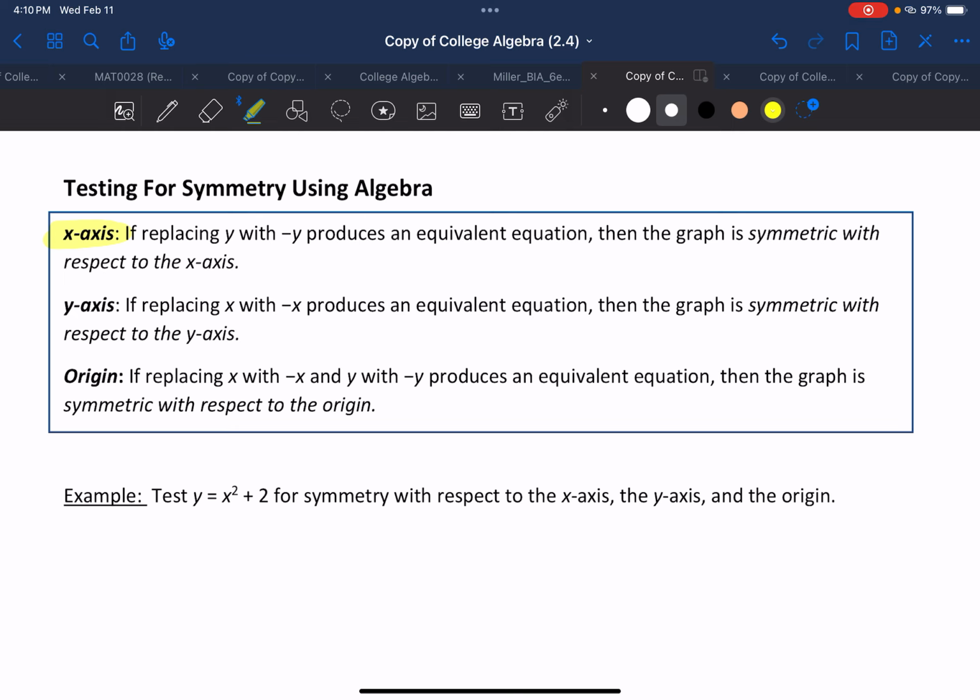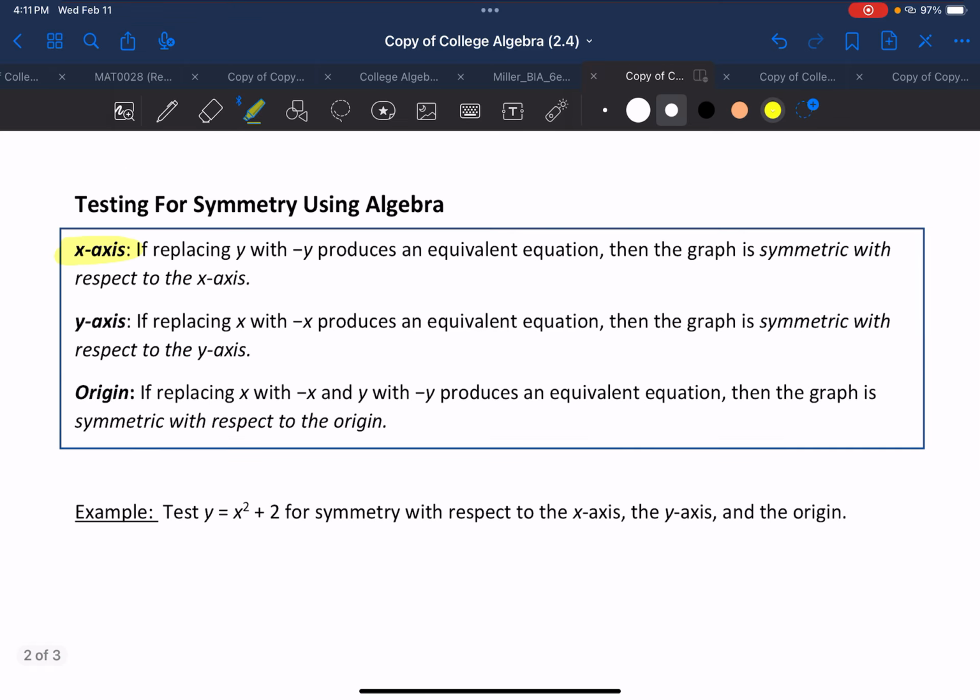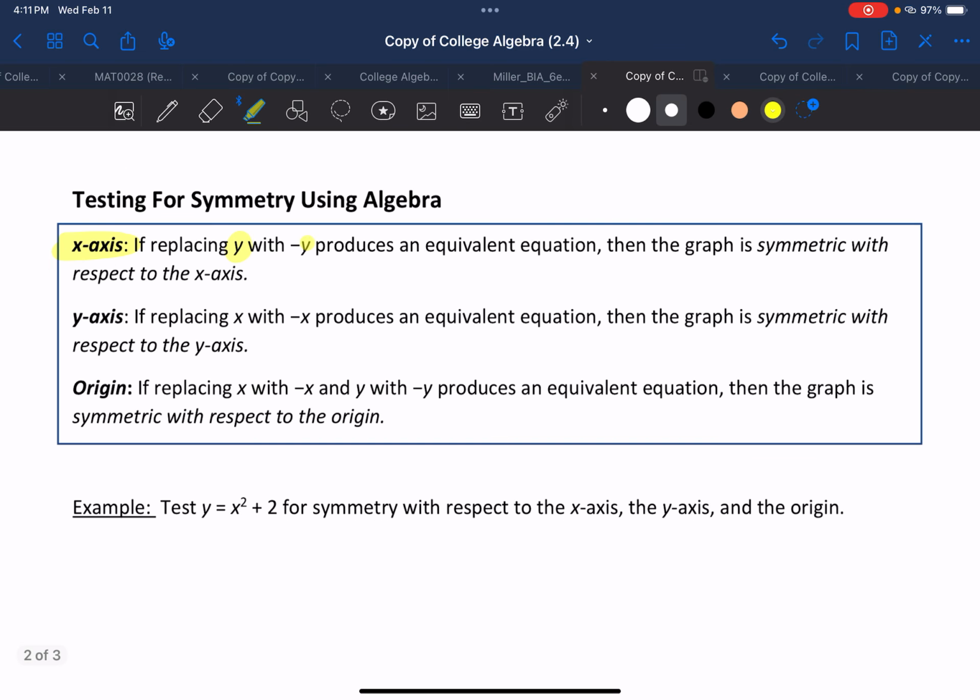If you remember, if it's symmetric about the x-axis, then my y values will change because I'm going over the x-axis. So the test involves replacing y in the equation with negative y. And if we do that and it produces an equivalent equation, then the graph will be symmetric with respect to the x-axis.